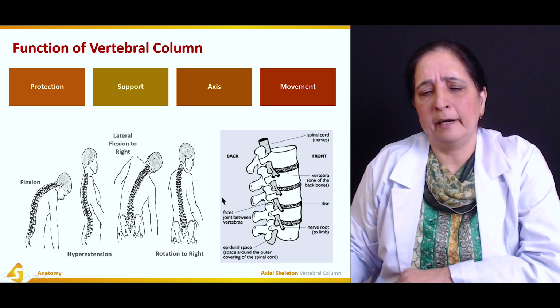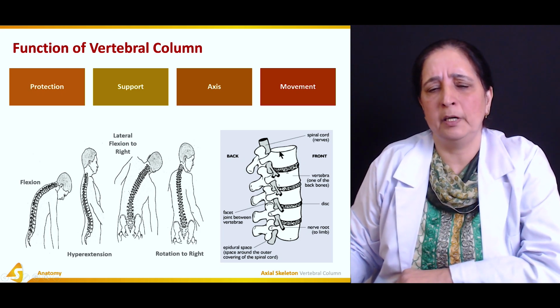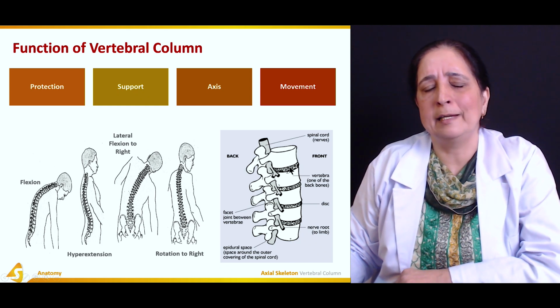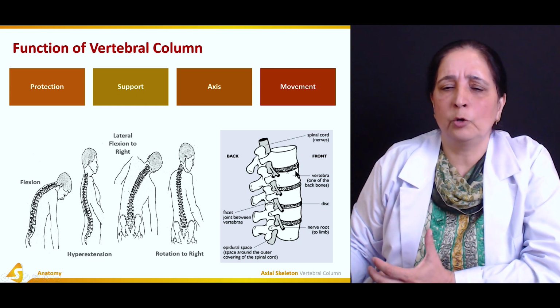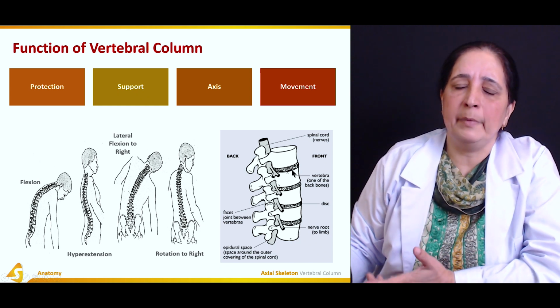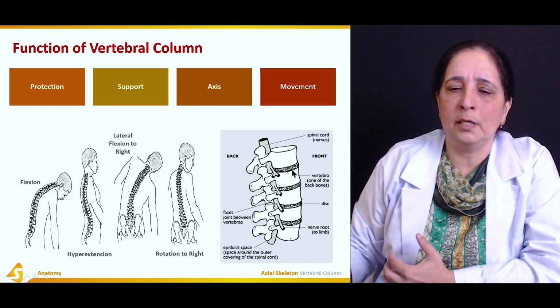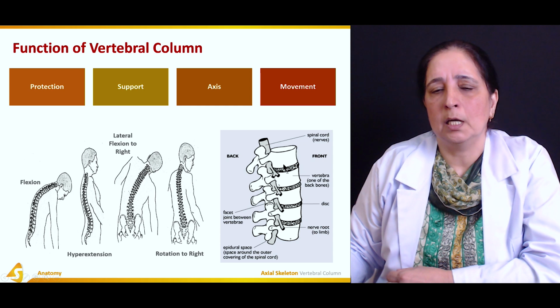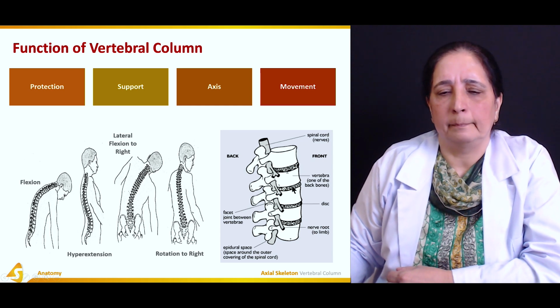This is a diagram showing how the vertebrae are attached, and in between we have the intervertebral disc, which is the actual cushion between the vertebrae, and these are the cartilages. They are mainly responsible for all these movements and the flexibility given to the vertebral column.